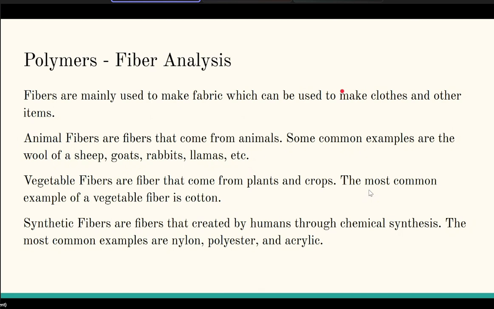Essentially, animal fibers shrivel in heat, while vegetable fibers just burn and synthetic fibers melt. If you do try a burn test, that's the difference between those three fibers, which is also the easiest and possibly the best way of identifying them. And you don't need to know any other fibers other than these three types.